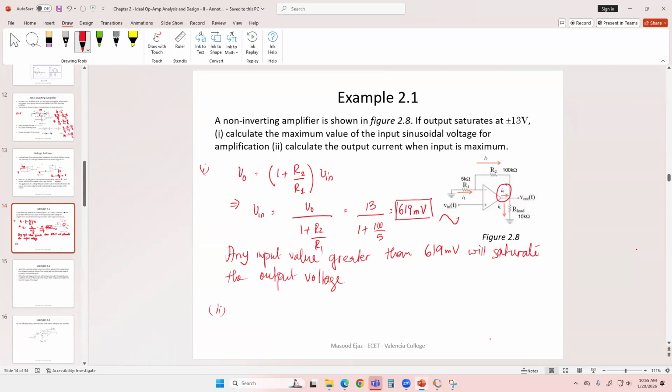We can easily find this. We know when the input is 619 millivolt, the output is going to be 13 volt. So we know this voltage. We know R2, we know RL. That means we can calculate I2 and we can calculate IL. So we can easily calculate I out using KCL. What will be KCL at the output node?